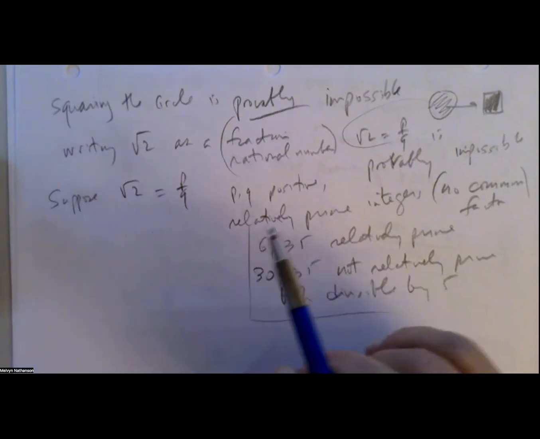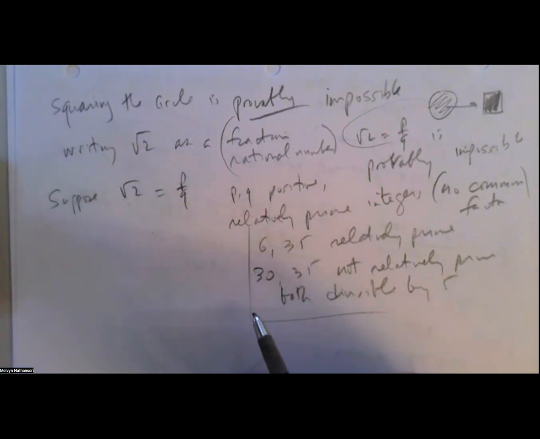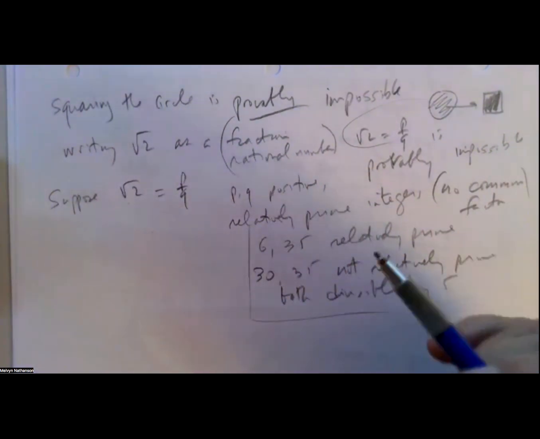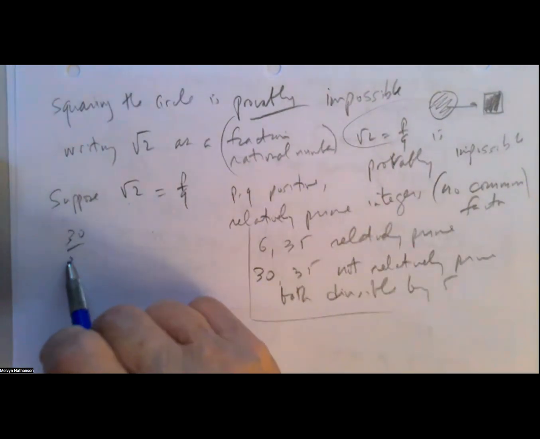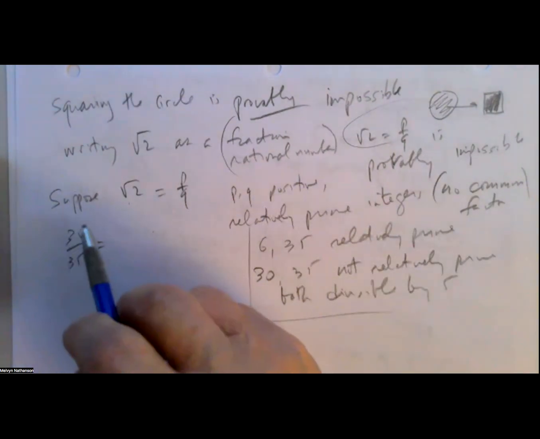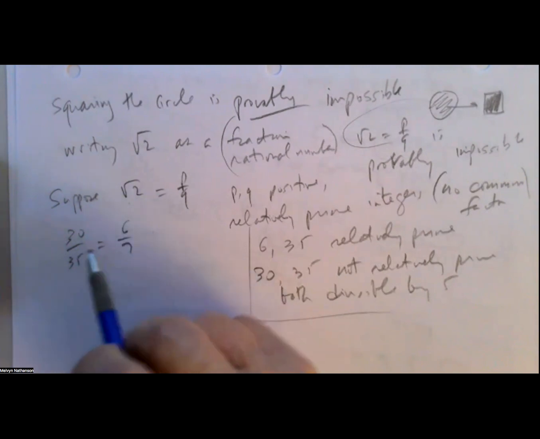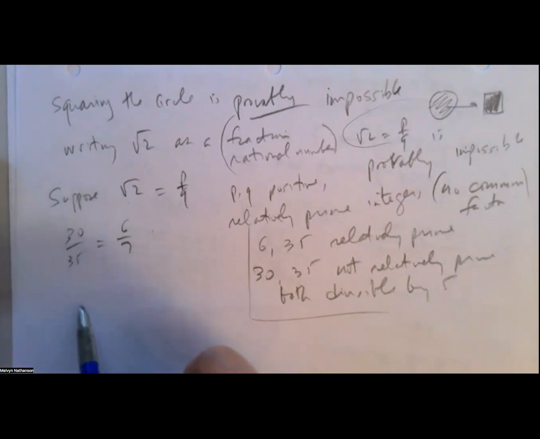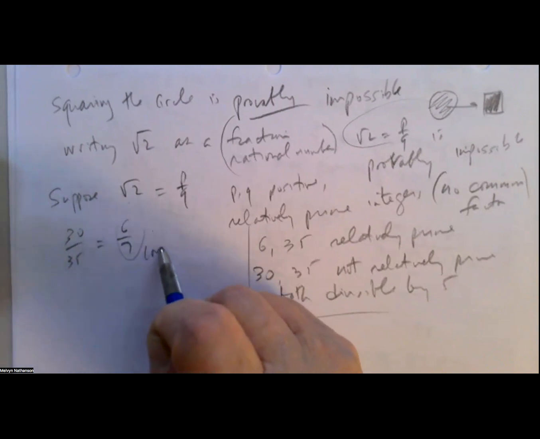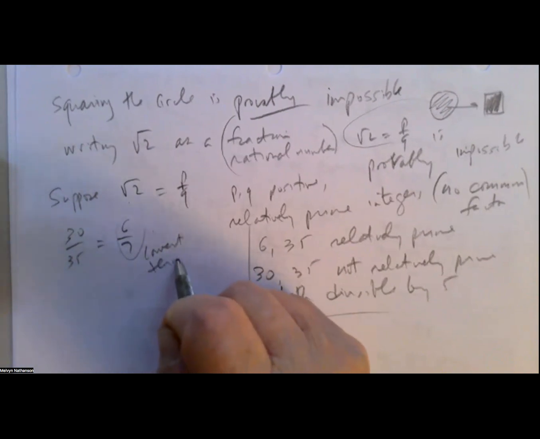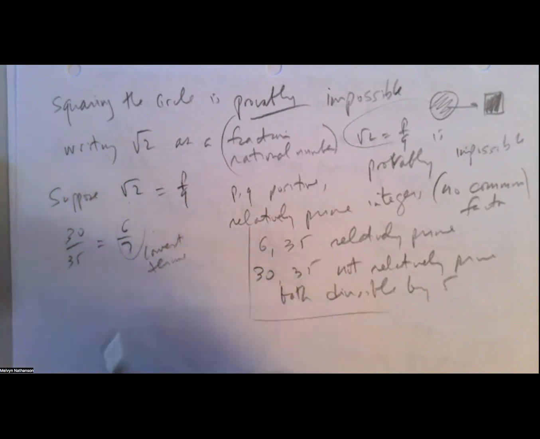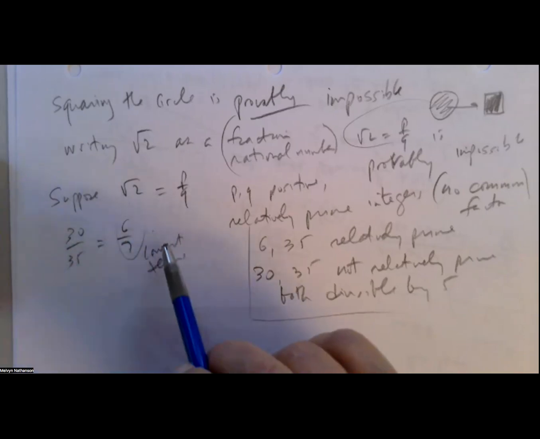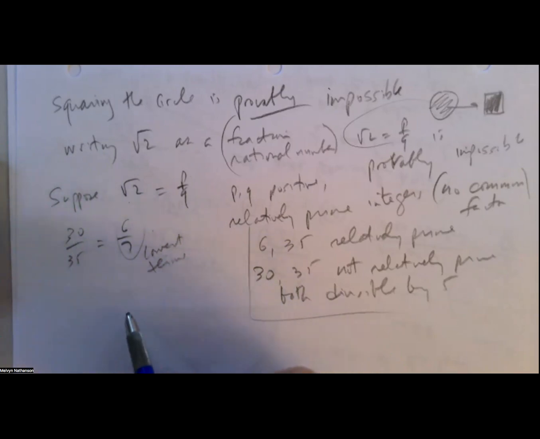And again, you learn in elementary school or wherever you learn about fractions, you can always write a fraction in lowest terms. If you had 30 over 35, you can divide out by 5. This is 6 over 7. So these represent the same number, but this is in what we call lowest terms. The numerator and denominator are relatively prime. They have no common factor. And you can always cancel out common factors in a fraction to get an equal fraction, which is in lowest terms.